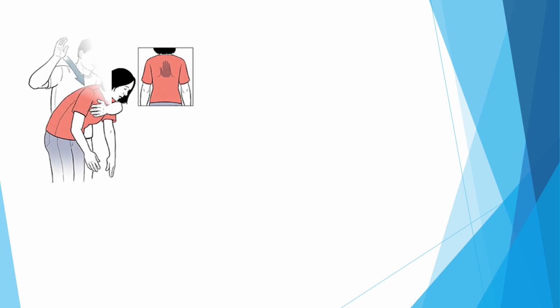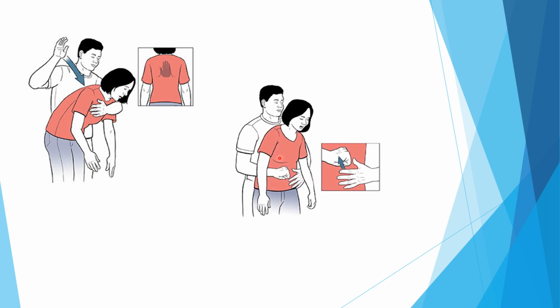This is the advised first aid to relieve choking in adults. Using the heel of your free hand, give 5 back blows between the person's shoulder blades. This is the 5 back blows. And then perform 5 abdominal thrusts.